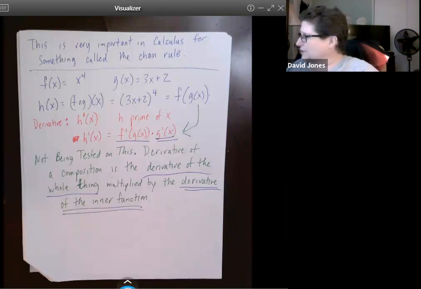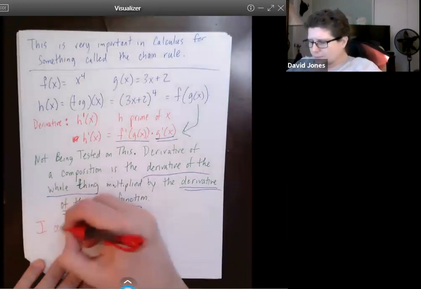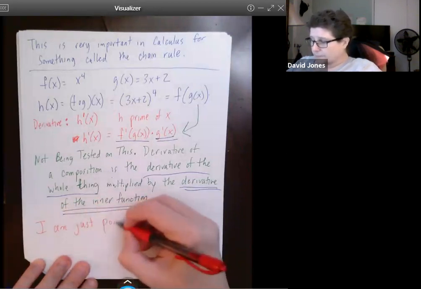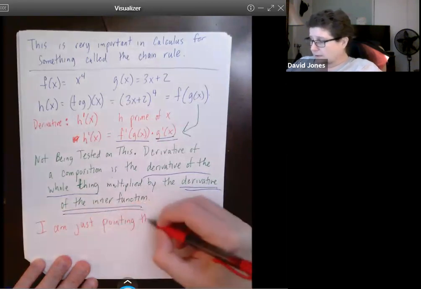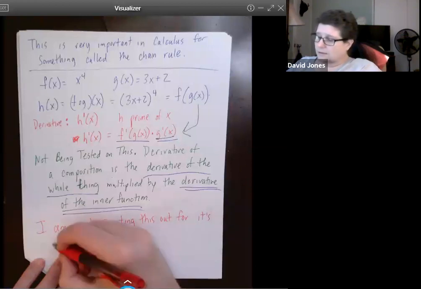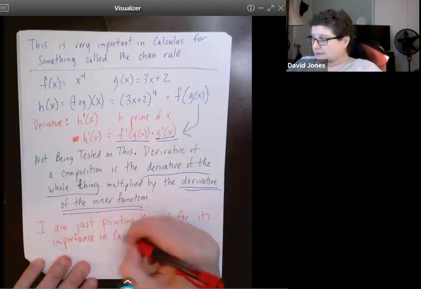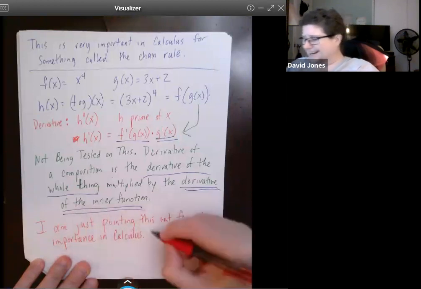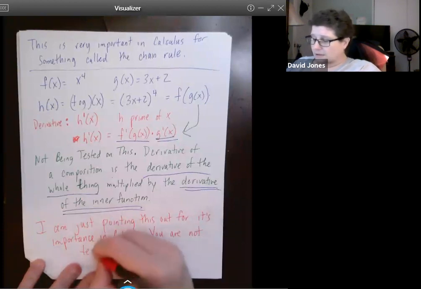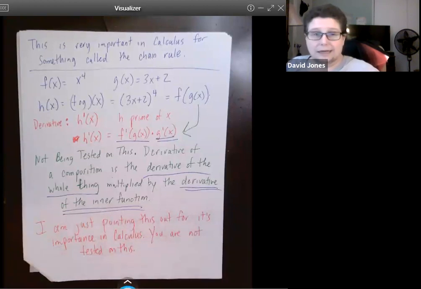And so you'll get used to doing this a lot. Again, I am just pointing this out for its importance. In calculus, you are not tested on this, and you don't need to know it right now.